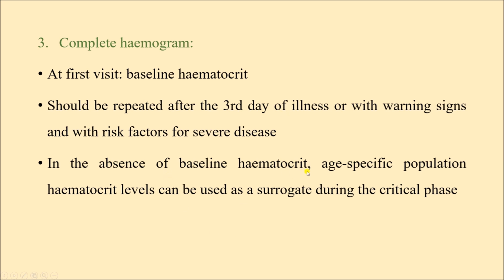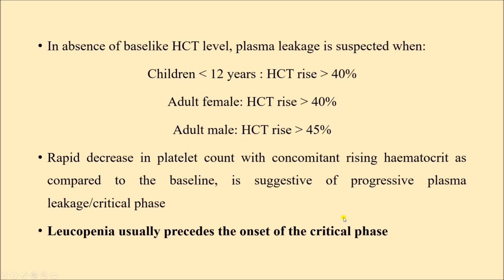Suppose the baseline hematocrit is not available. Before going into the critical phase, when the person was in the febrile phase, maybe the hematocrit level was not done. So it is very difficult to compare because we do not have any baseline information. In that case, we go for the age specific population hematocrit level as a surrogate for comparison.